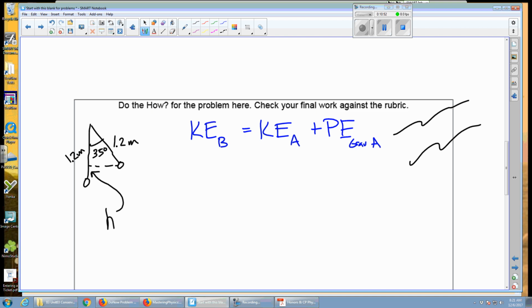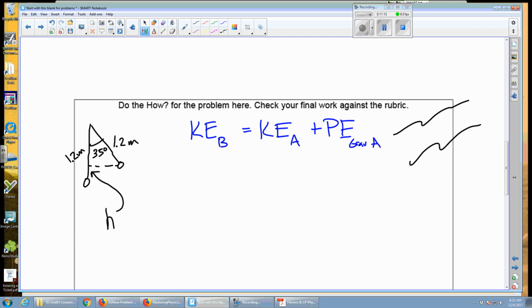Remember that problem we did yesterday? Did we do the pendulum one in here? Fine. You guys know what I meant. When we did example problems.